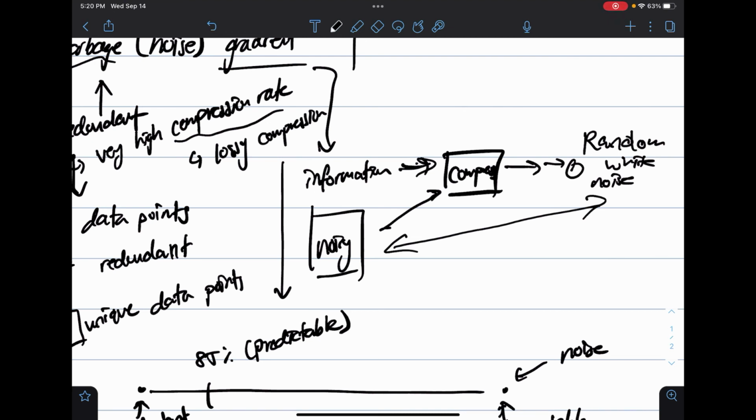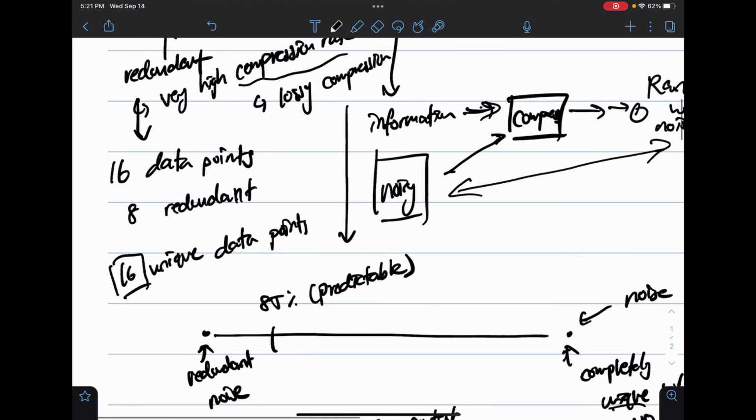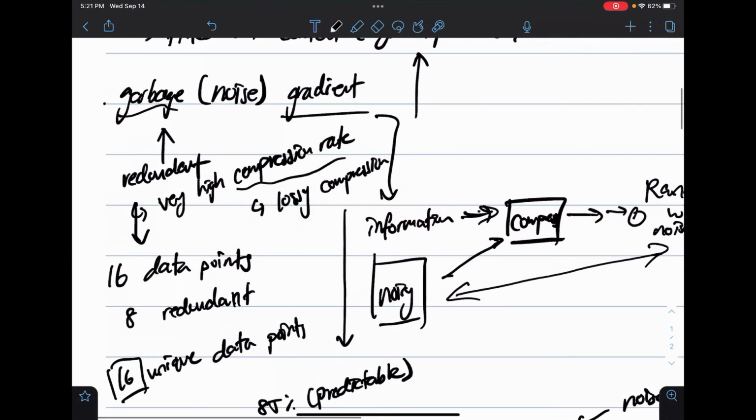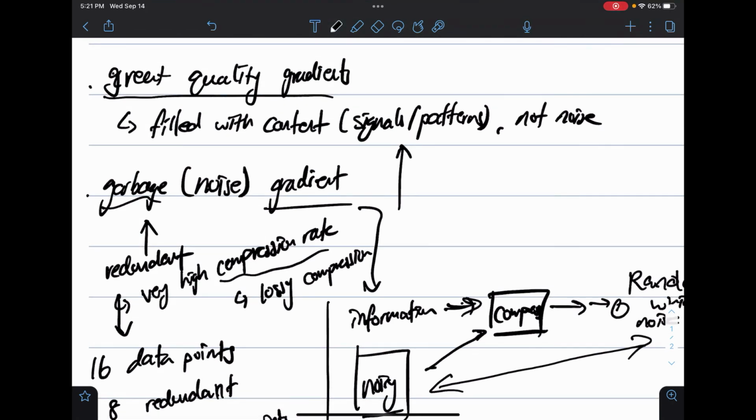For the 15% of the content, the algorithm slowly adapts, morphing its own decision-making process to encapsulate more of the patterns in the unknown data it's been exposed to. So this is the ideal distribution that we need, and this is one segment of how to create good quality gradients.